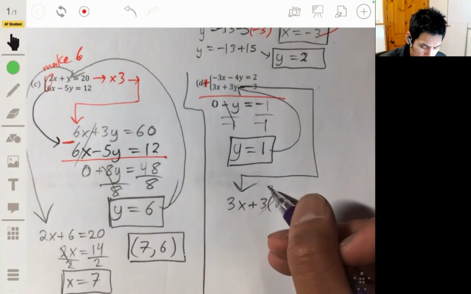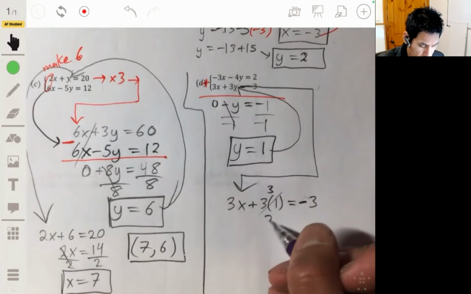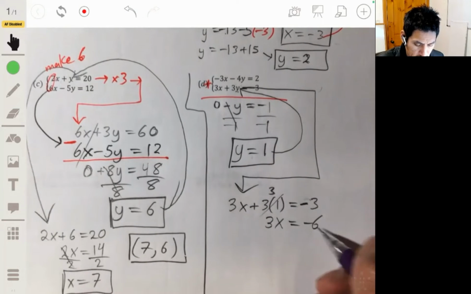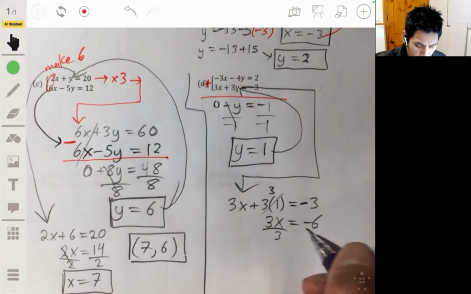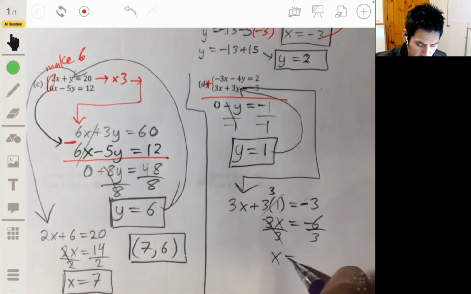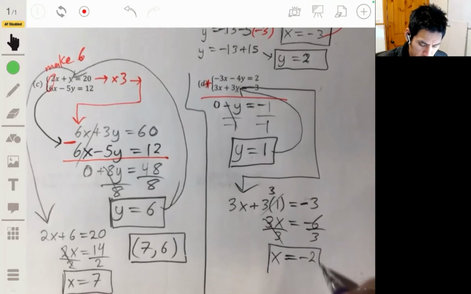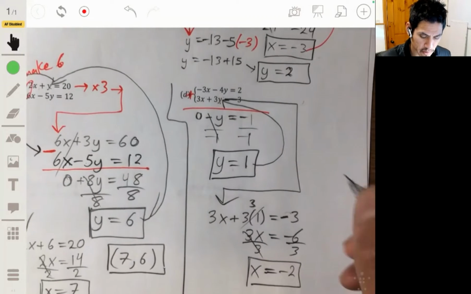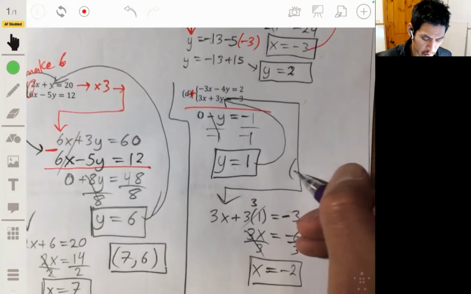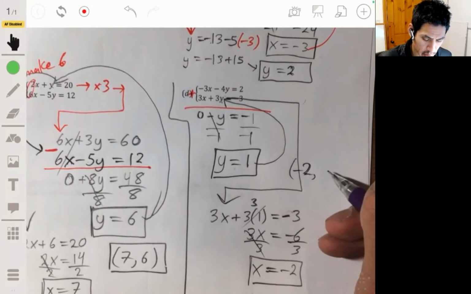This is just 3, obviously. So I'm going to take away 3 from both sides. I'll get 3x equals -6. Divide by 3. I'll get x is -2. So my solution together would be the ordered pair -2, 1.